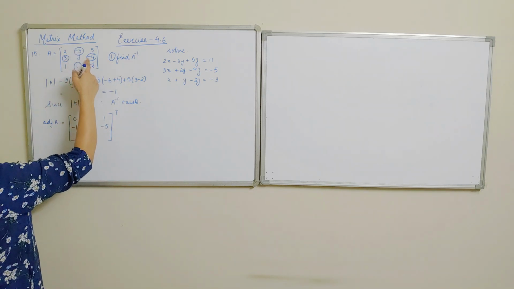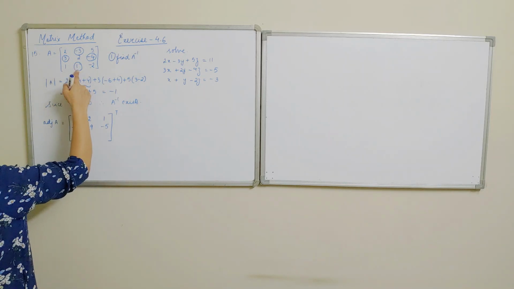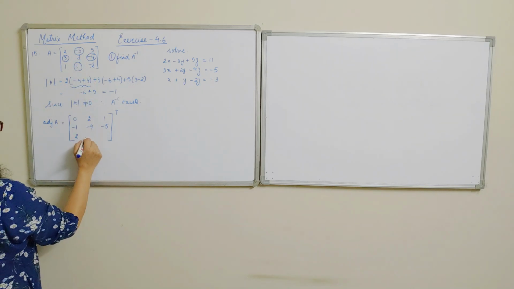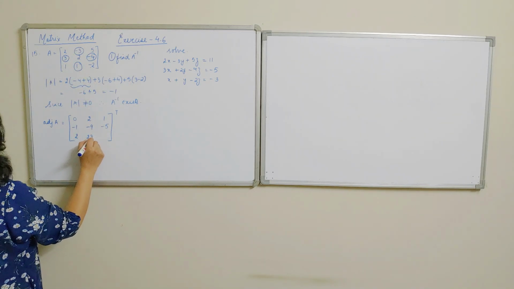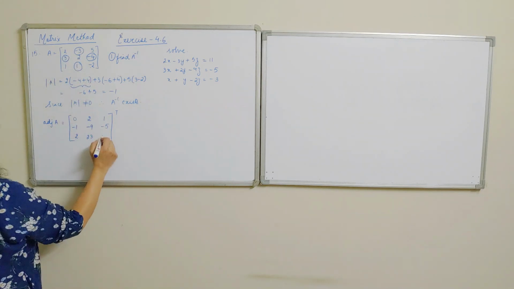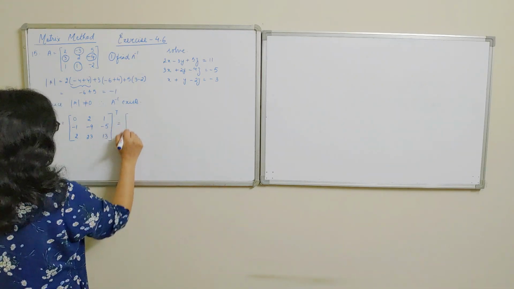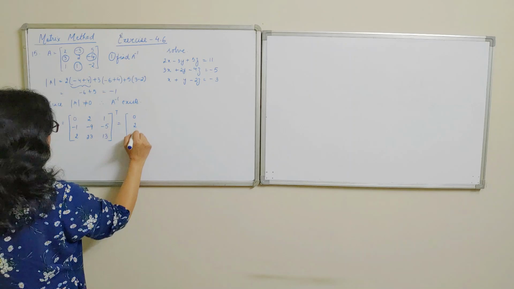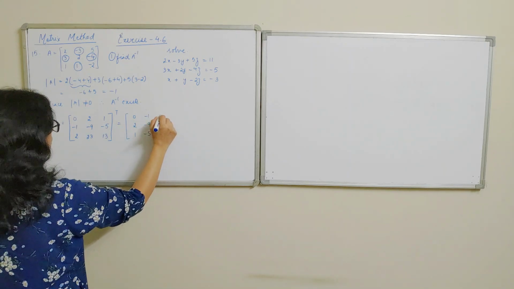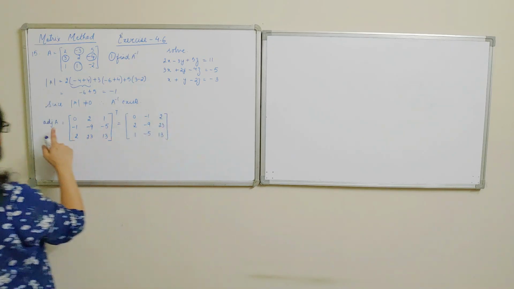Next it is 12 minus 10, 2. This is minus 8 minus 15, minus 23, so it will be plus 23. Next is 4 plus 9, 13. Okay, and then transpose: 0, 1, minus 1, minus 9, minus 5, 2, 23, 13. So we have got the adjoint.